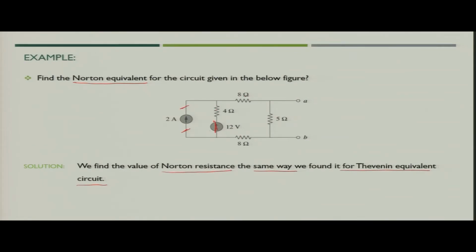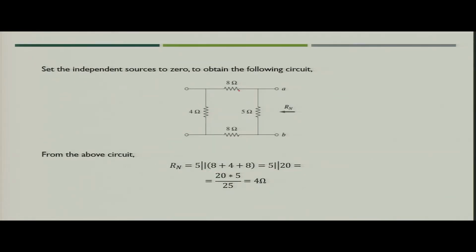So, we have 4 resistances of 8 ohm, 5 ohm, again 8 ohm and 4 ohm. So, these are in this combination. When you see resistance, that is input resistance across terminal AB, that would be nothing but the Norton's resistance, or you can say Thevenin resistance. What would be the value? If you see the circuit, you will come to know that this 5 ohm is in parallel with the series combination of these 3.